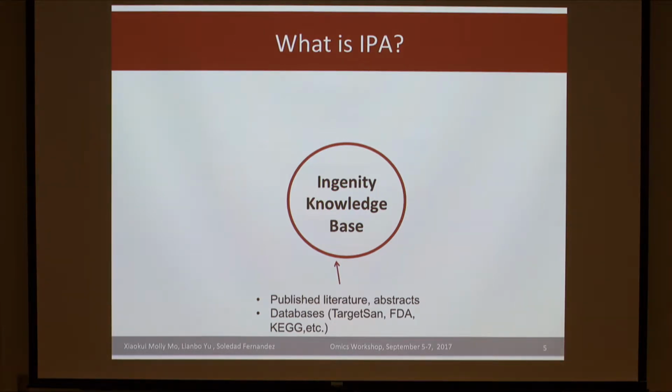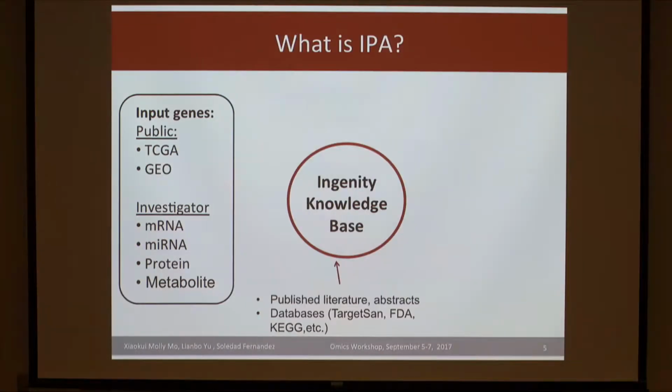They also extract information from the FDA, the drug information, and the KEGG website, which a lot of people use to find pathways. So they borrow a lot of information from other websites too.